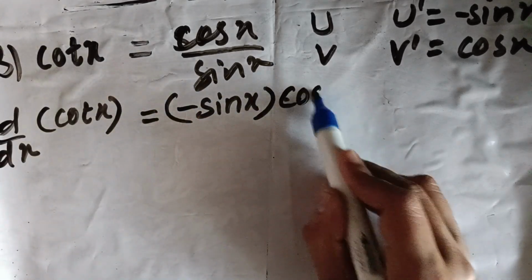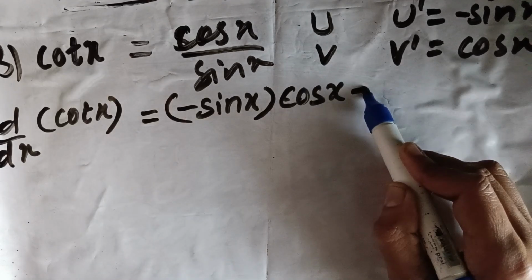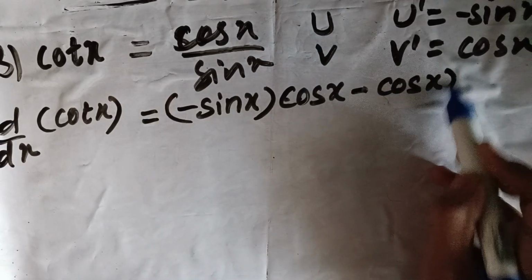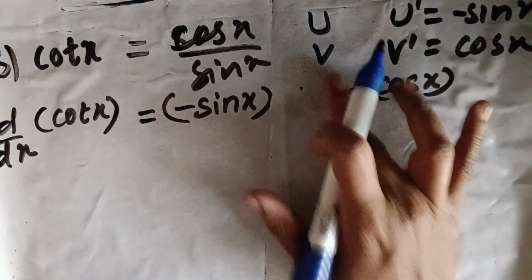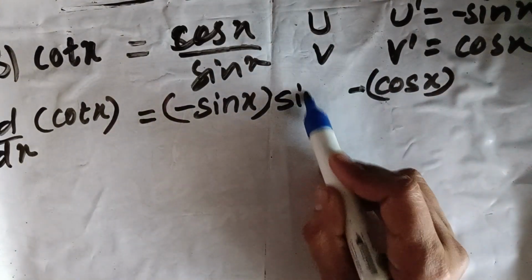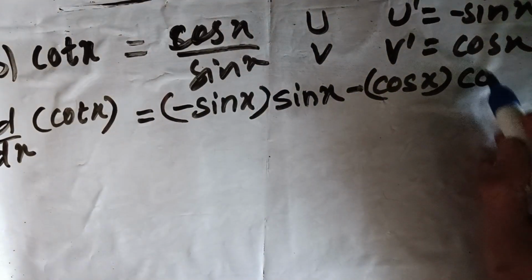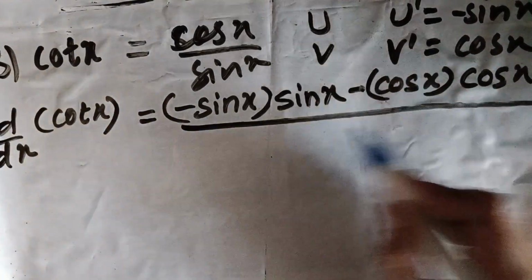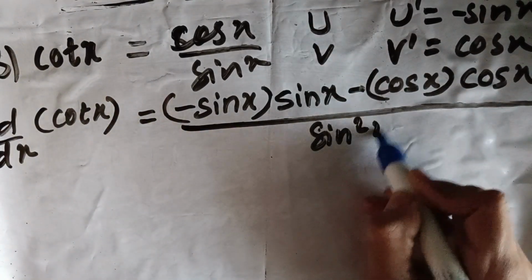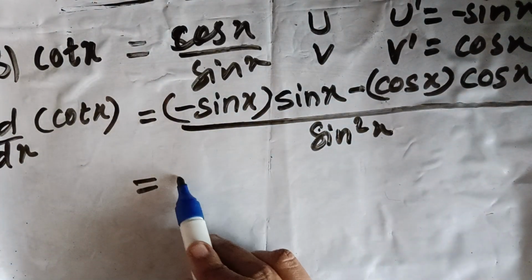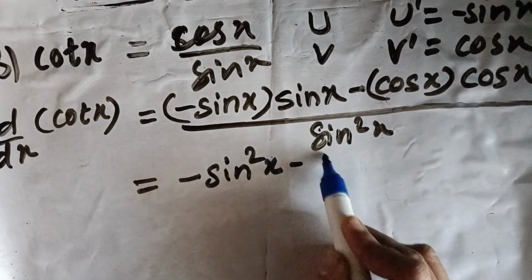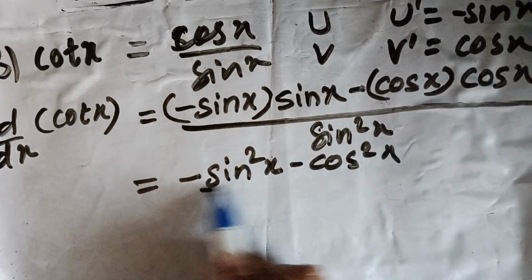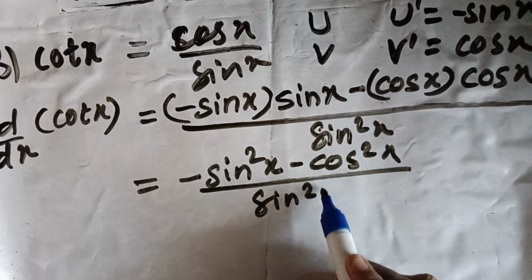v minus v dash u, v is sine of x, u upon v square. Okay, so here we will get minus sine square x minus cos square x upon sine square x.